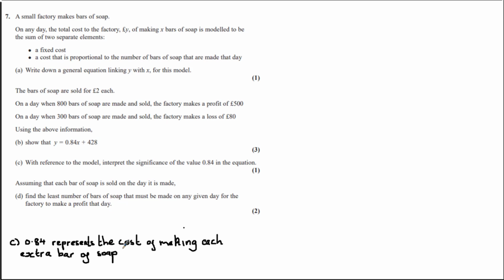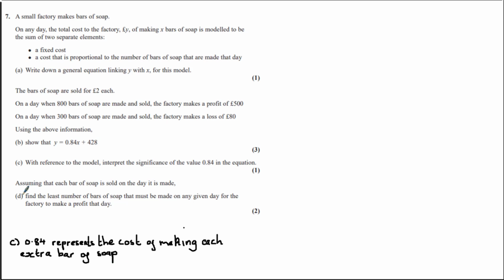So the significance of this value 0.84 is that it represents the cost of making each extra bar of soap. So try to remember and understand how we look at these types of questions generally, but you do need to put your interpretation into context in order to get the mark, okay?